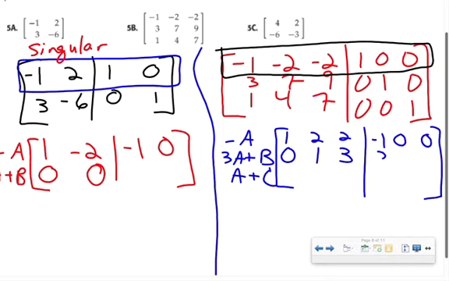Plus 0 is 3. 3 times 0 is 0. 0 plus 1 is 1. 3 times 0 is 0. 0 plus 0 is 0. And then finally, I'm just going to add my old row A and row C together. This is 0, 2, 5, 1, and 1, and 0 there in the middle.